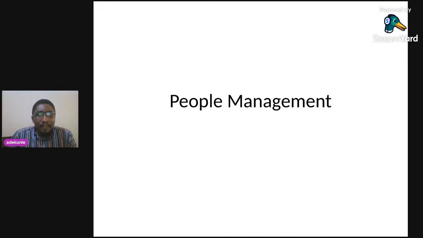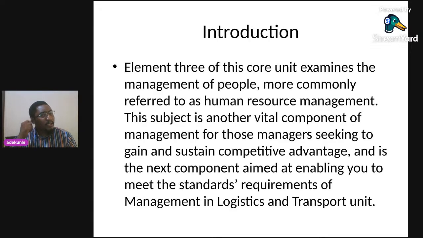To plan for people who are coming to the organization, to direct them, to coordinate them, to motivate them to work. These are the entire concept of what we talk about as people management within an organization. Because people are the reasons why most of the major resources you have in an organization are well organized.